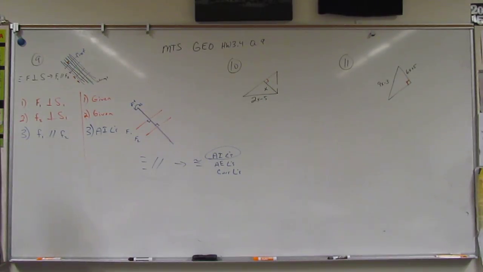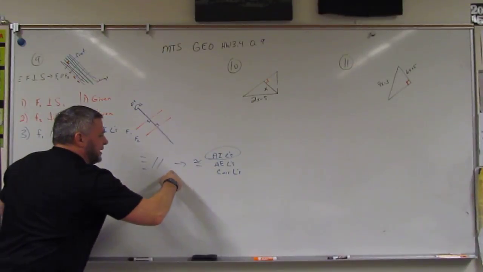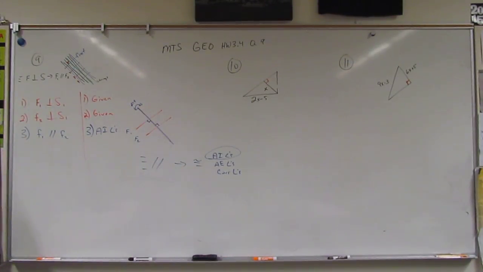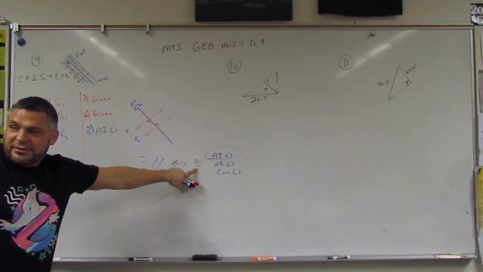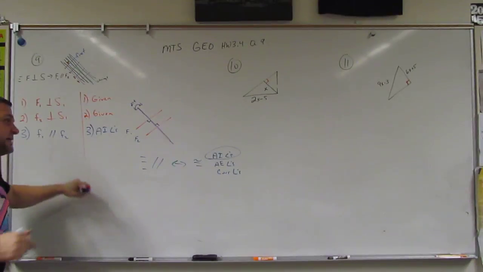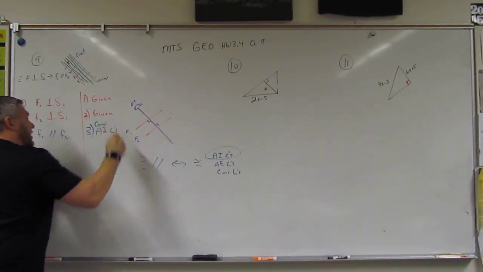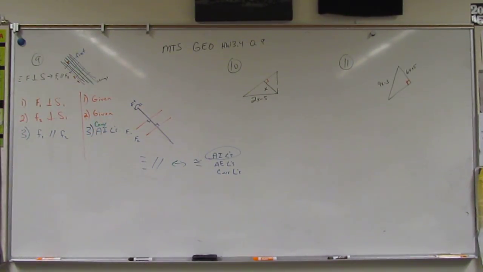And we're actually doing the conv of that, right? Because they're saying if they're parallel, then they're congruent, right? That's the statement. But what we're saying is the opposite. Because they're congruent, then they're parallel. So that's why we're doing the conv of it, the converse. Does that make sense? Okay?